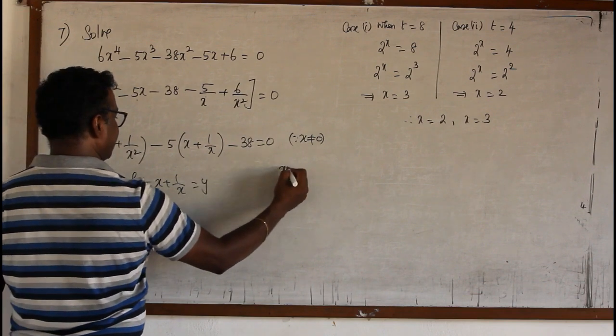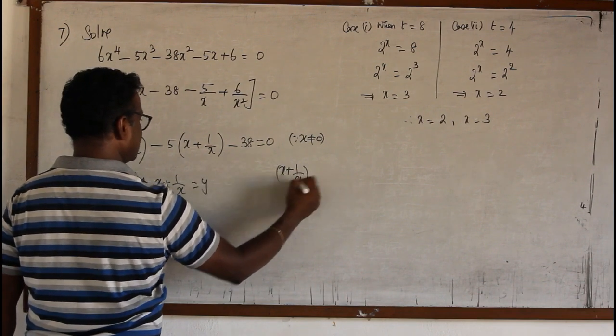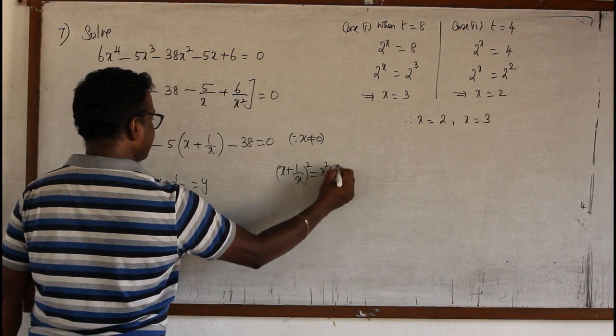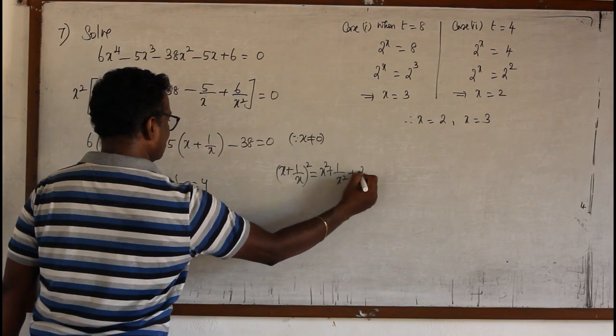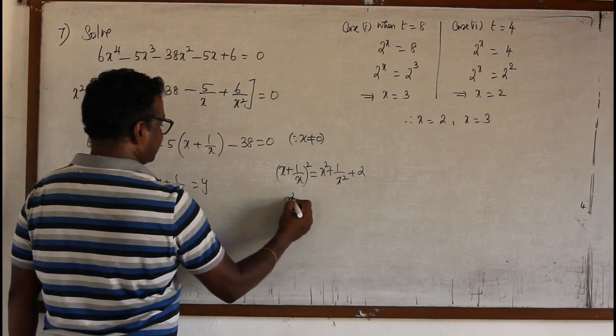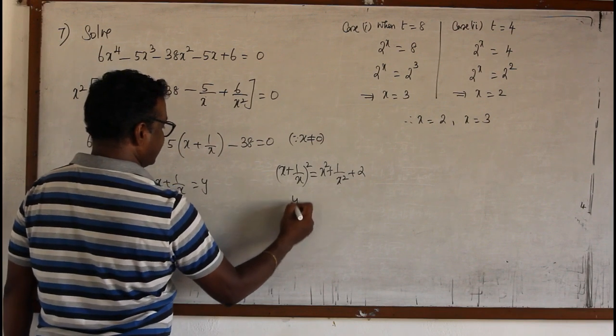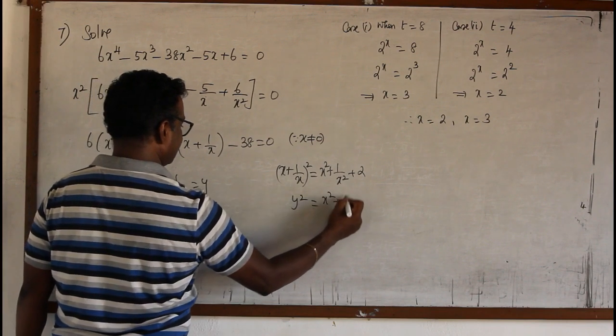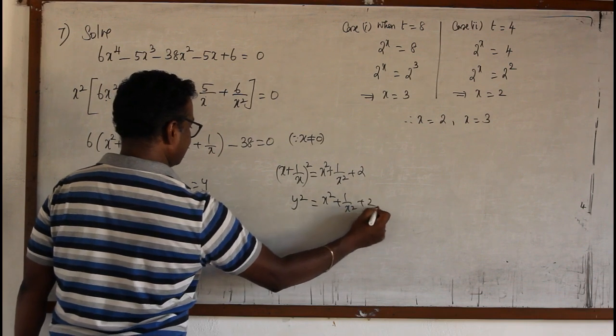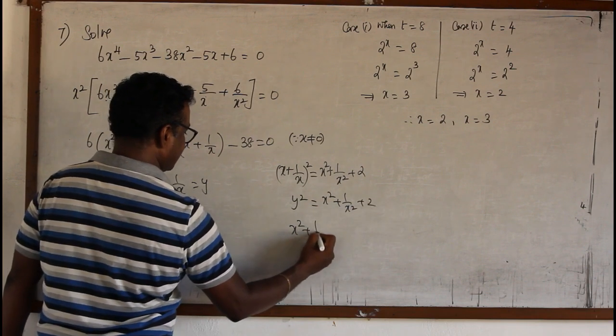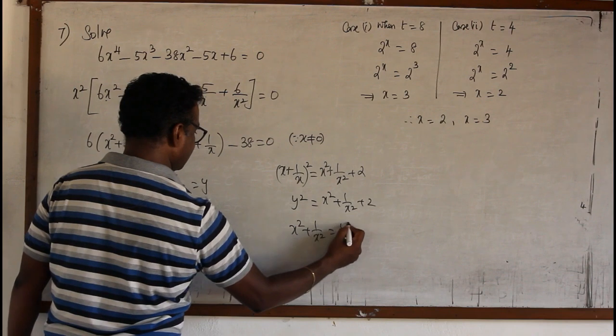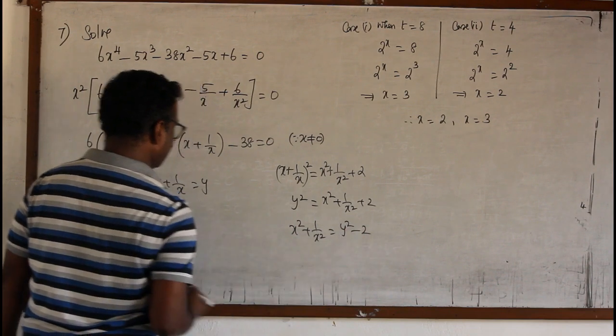Then x plus 1 by x, the whole square, is x square plus 1 by x square plus 2. Therefore, y square is x square plus 1 by x square plus 2. Therefore, x square plus 1 by x square is y square minus 2.